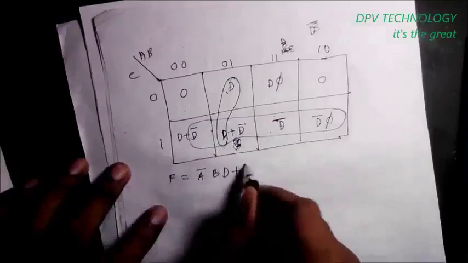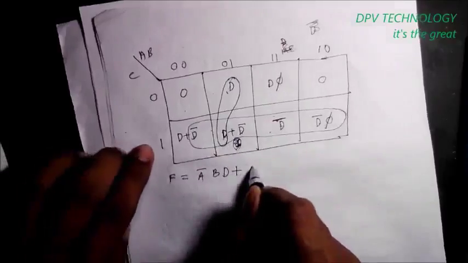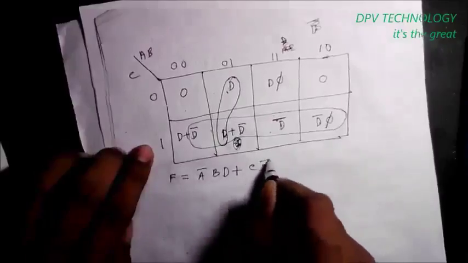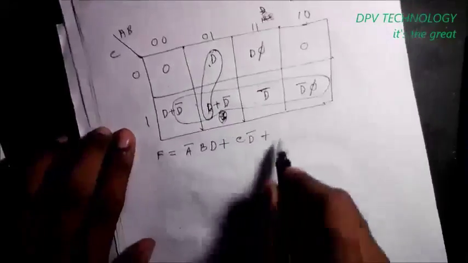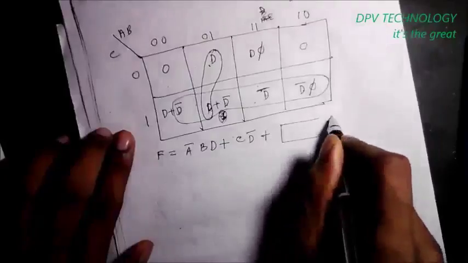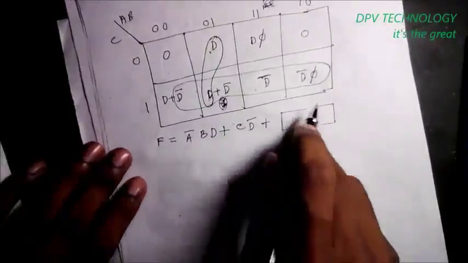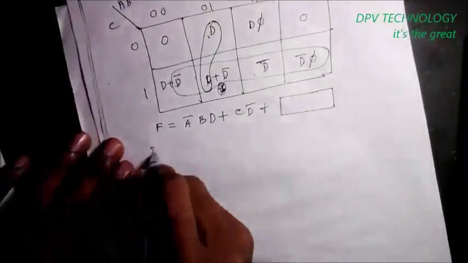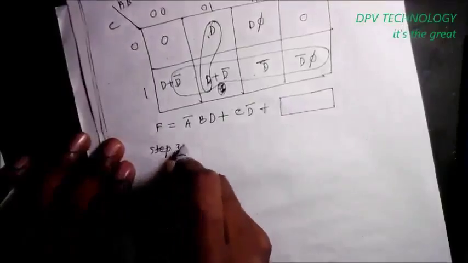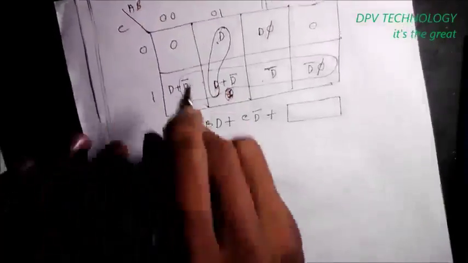So we get from here what? It will be C and D bar, or, and here we have also something. We will get this thing in the step 2. So here step 2 comes. This is step 1 all about.